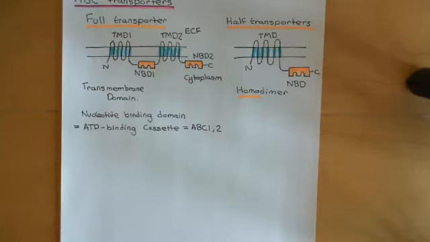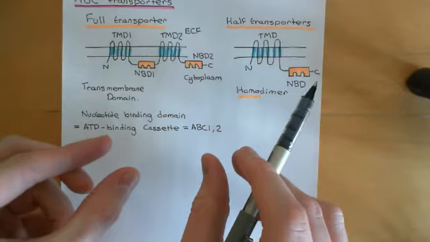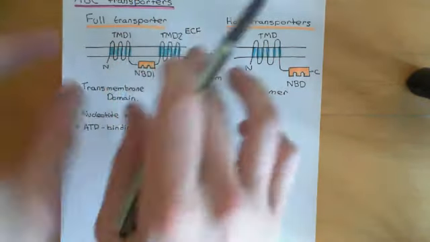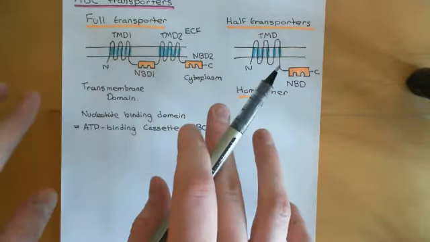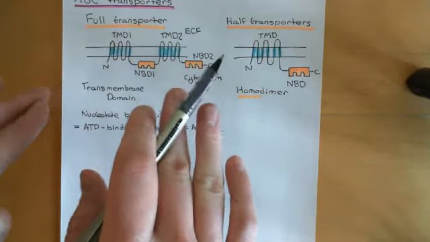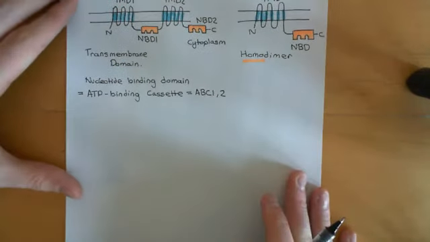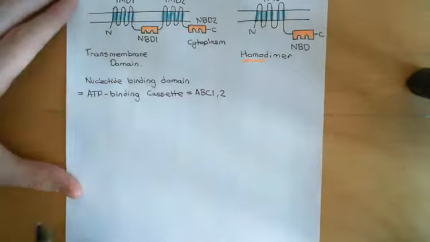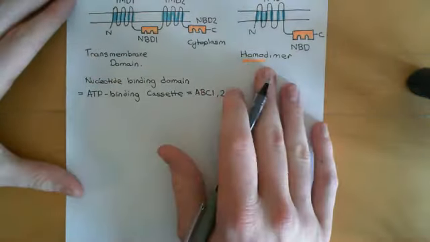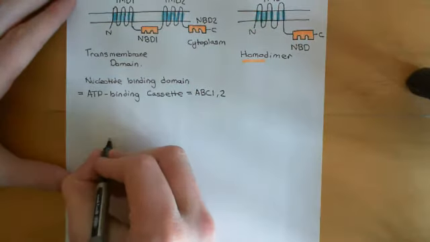If I draw half transporters, I can get away with having it in two halves. Whereas if I have to draw this, you will expect me to connect everything up in this incredible way, and it becomes much more difficult. It makes the picture look much more ugly. I hope that will become more clear when I've actually drawn the picture. So, I'm going to draw an ABC transporter that is a homodimer of ABC proteins, which are half transporters.